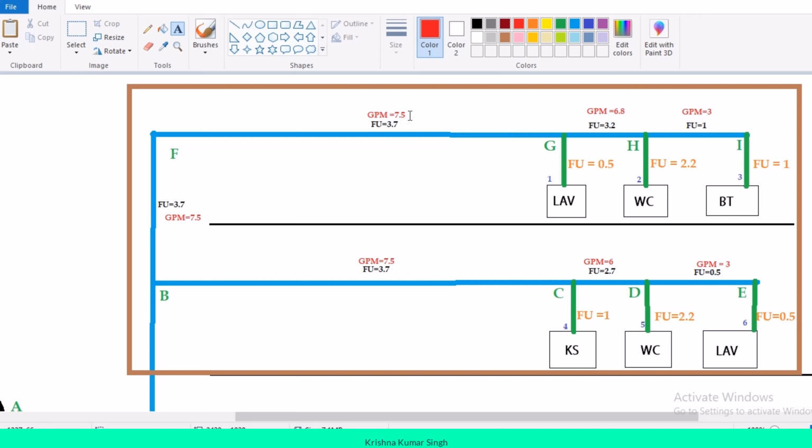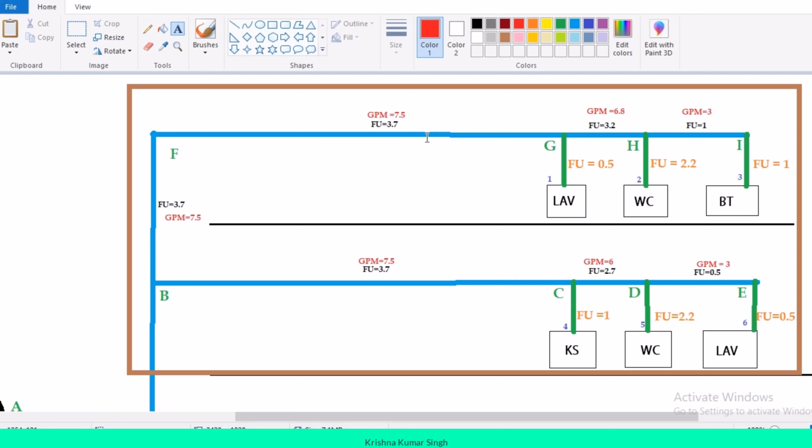So please remember, this is a very important thing: you have to find the fixture unit individually for each section, and after finding the fixture unit of each section, you have to find the GPMs for each section separately. By using fixture units, you convert fixture units into GPM. Please remember this, it is a very important thing. Mostly people get confused in this step.